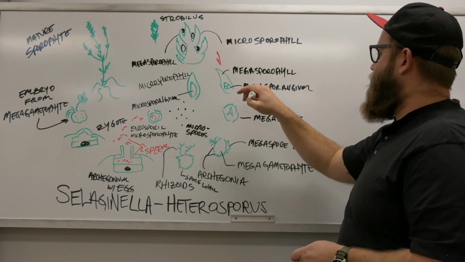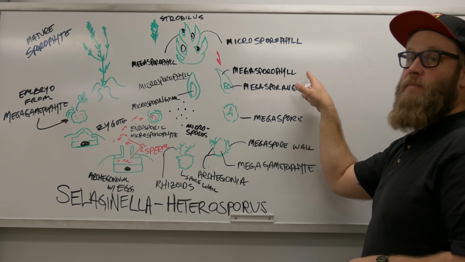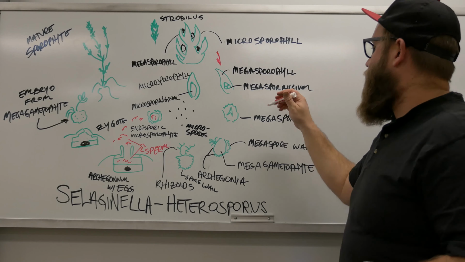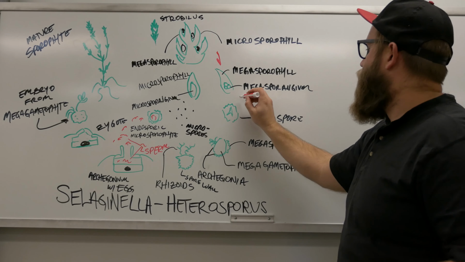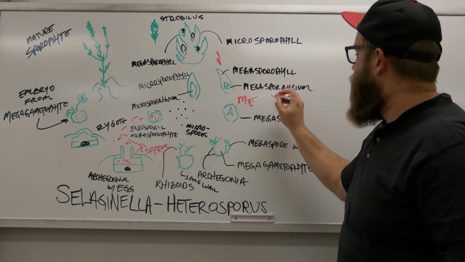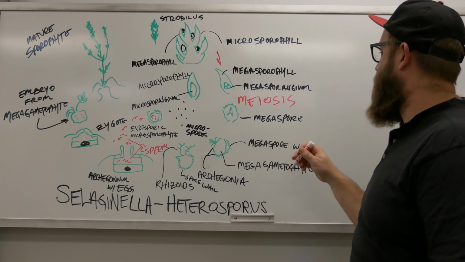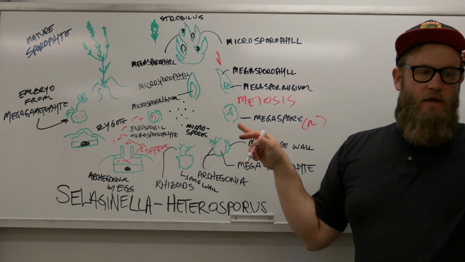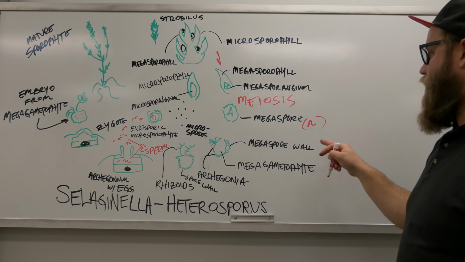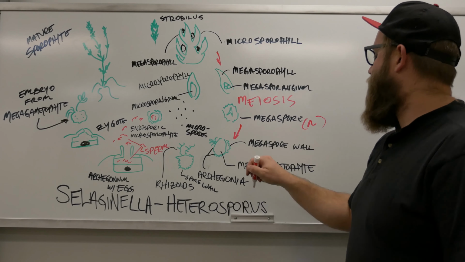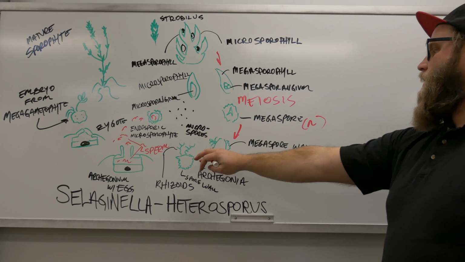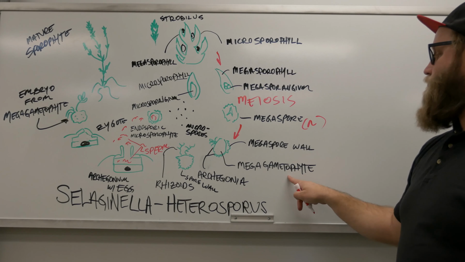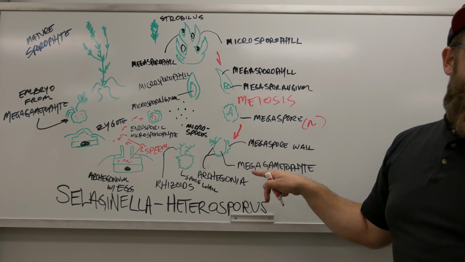These megaspores are protected by the megasporophyll, and they will, right here, we'll have meiosis occur, okay, and then we'll have this N megaspore, and from here, this megaspore wall, these rhizoids come from it, and this megagametophyte forms.